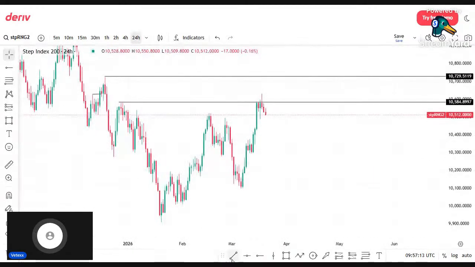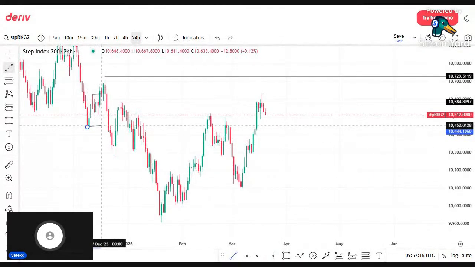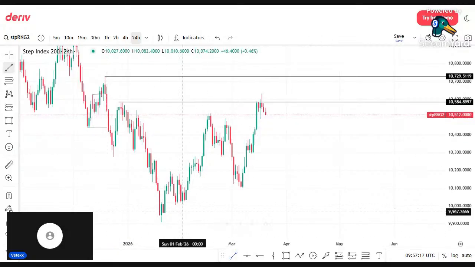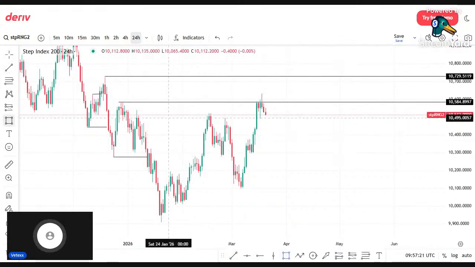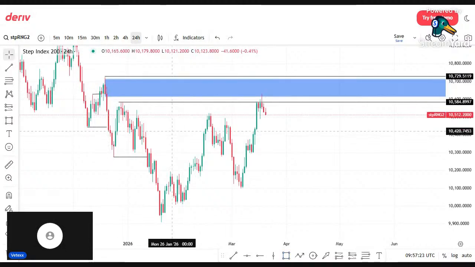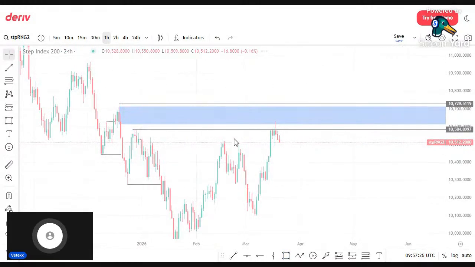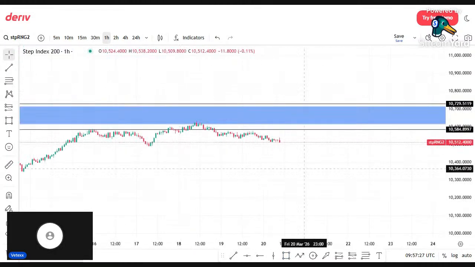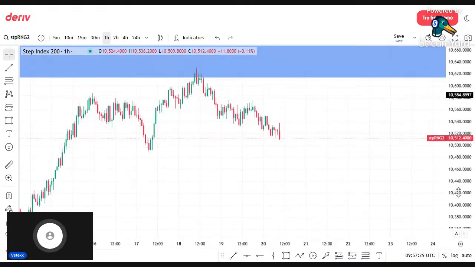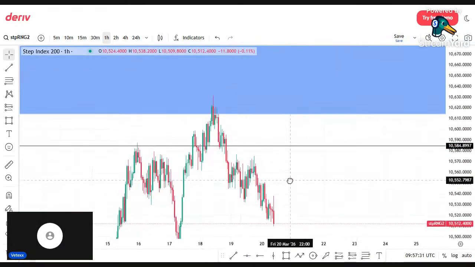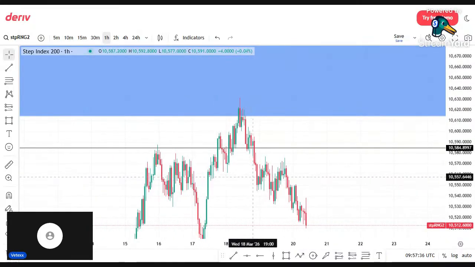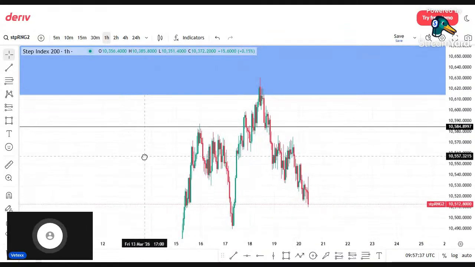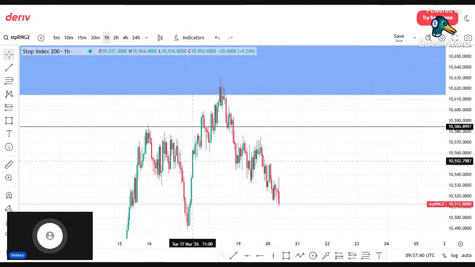This becomes our first break of structure, and this is the second break of structure. So this becomes the point of interest. So go down to the 1-hour time frame. If we have a continuation setup on step 200 on the 1-hour time frame, do we have a continuation setup?